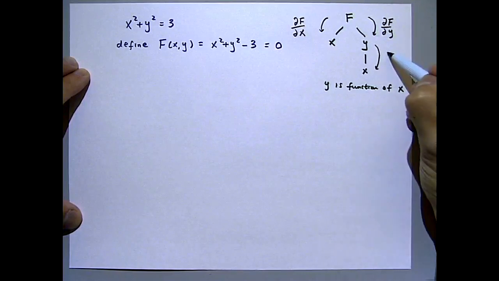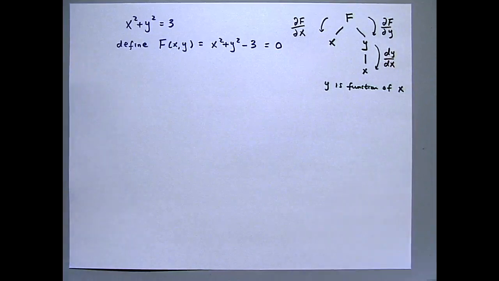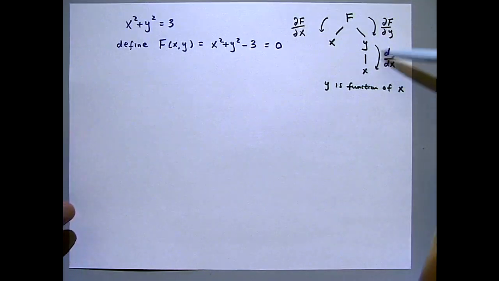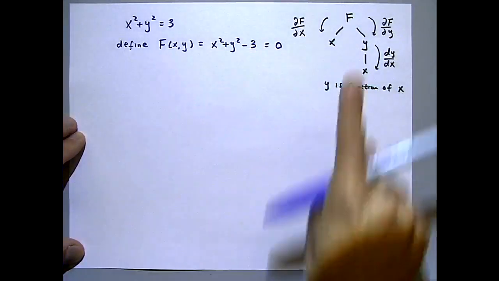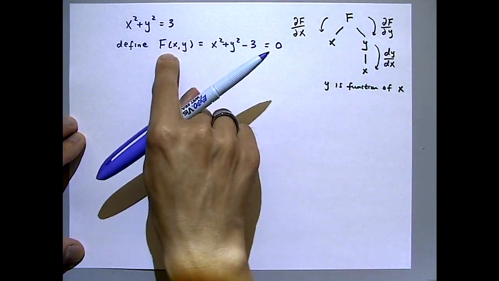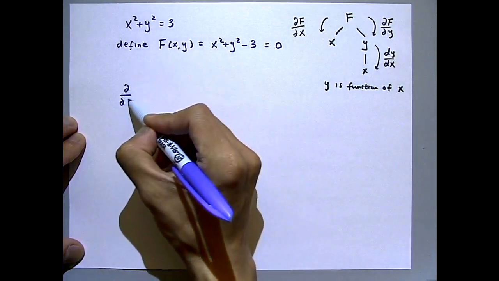So this is a regular d y d x. Keep in mind that this is what we're looking for, dy/dx. So, if I take the derivative of capital F, I'll take the partial derivative with respect to x.